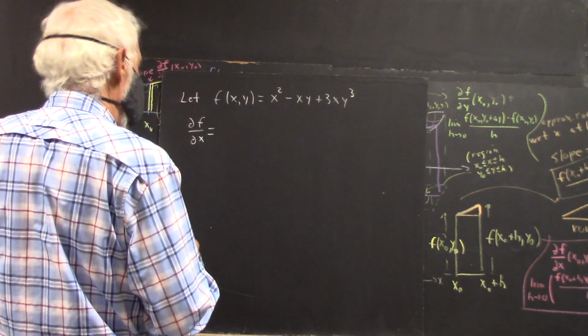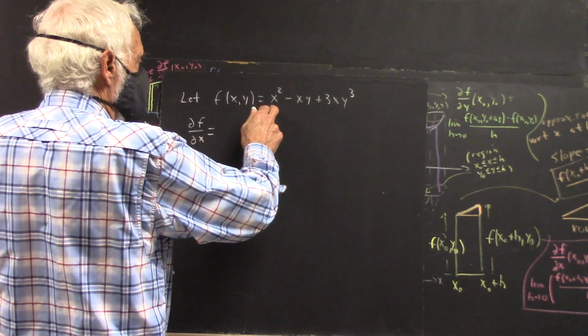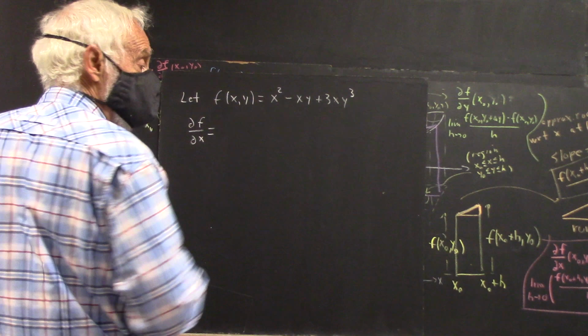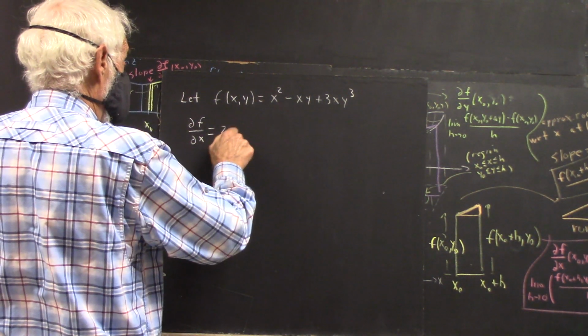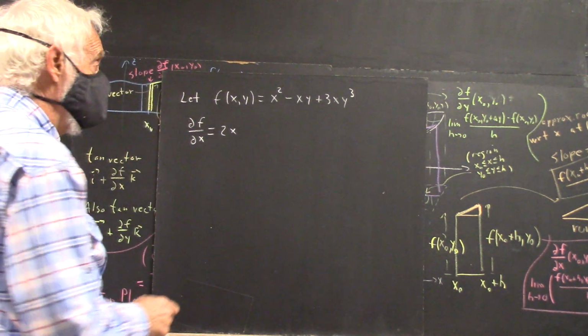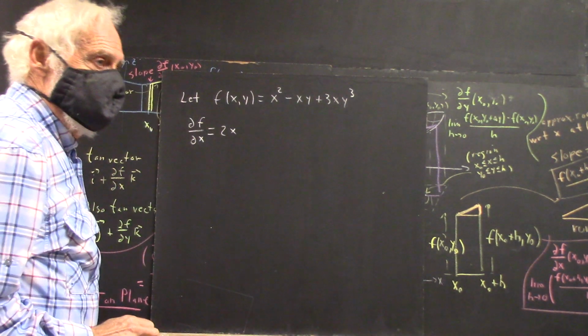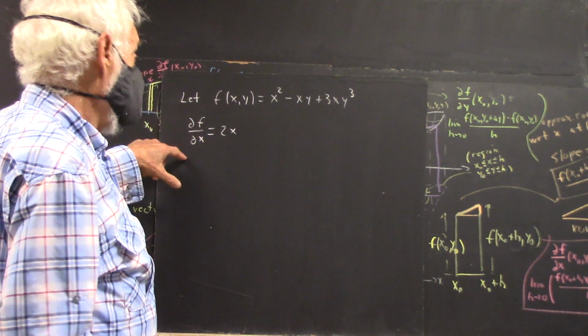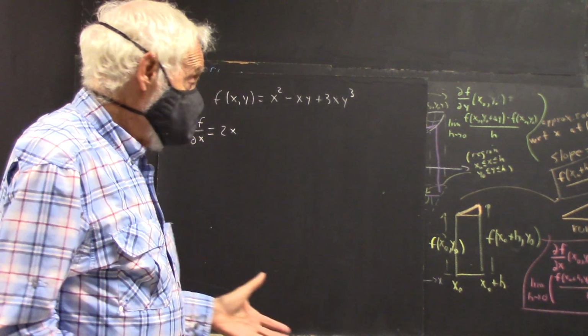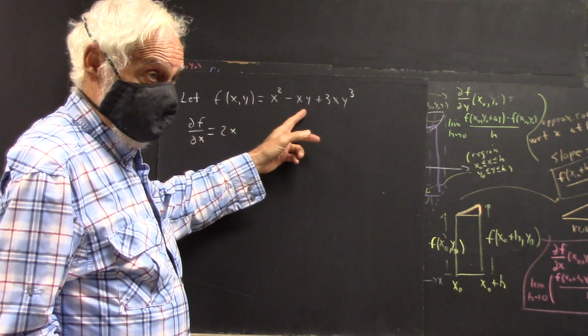I'm just going to write it out. What's the derivative with respect to x of x squared? 2x. What's the derivative with respect to x of xy? Now remember, the partial derivative with respect to x, we get it by holding y constant.